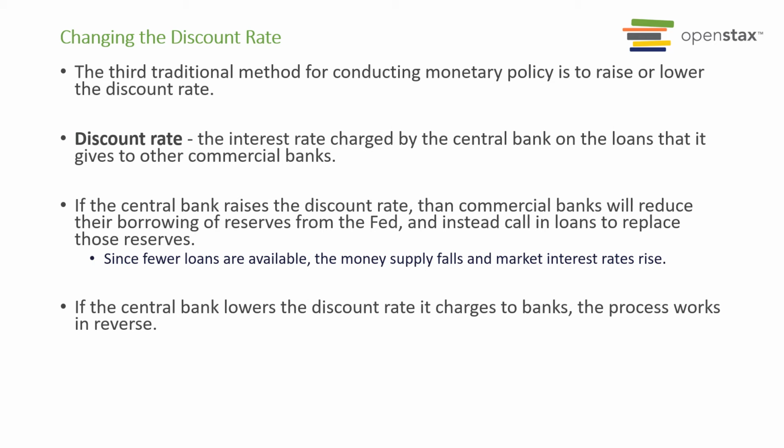This discount rate is very widely used, but it does have a problem, and the problem is the lowest level is 0%. We cannot go below 0, right? So once you reach 0%, this tool is all used up. There's nothing else we can do anymore.